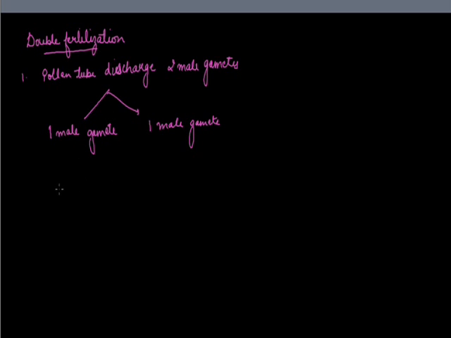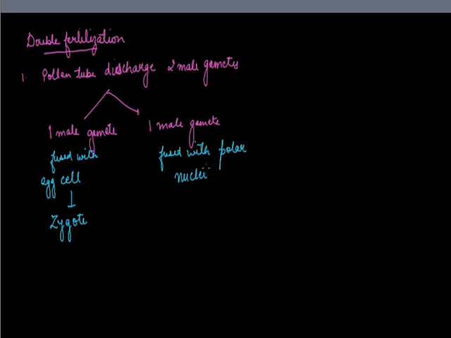One male gamete fuses with the egg cell and forms the zygote. And the other male gamete fuses with the polar nuclei and forms the endosperm nucleus, the triploid primary endosperm nucleus.